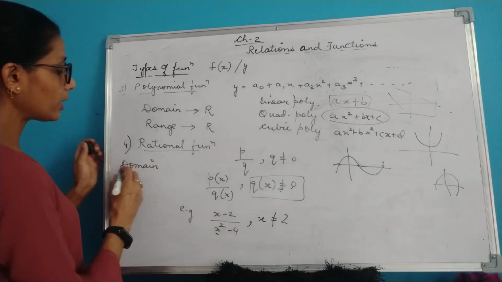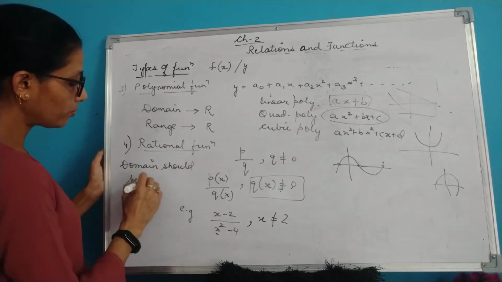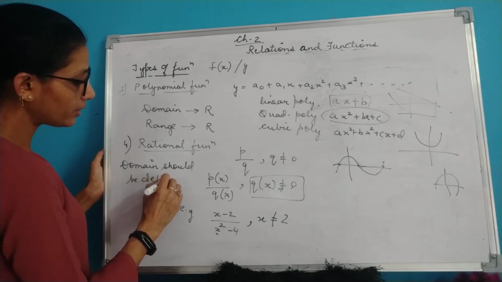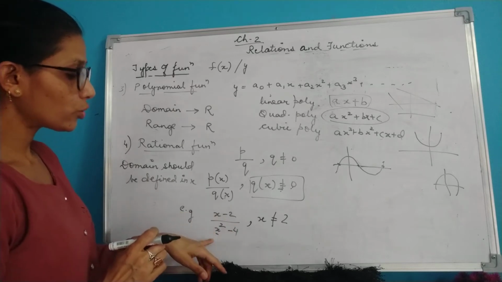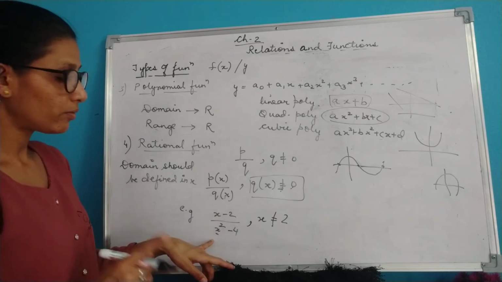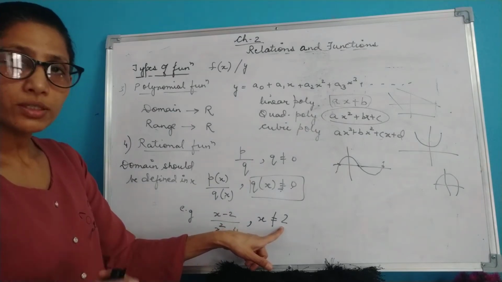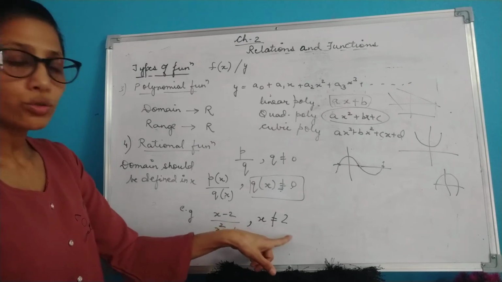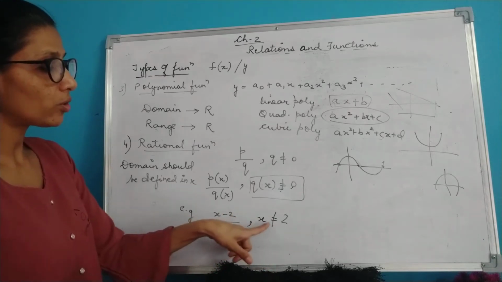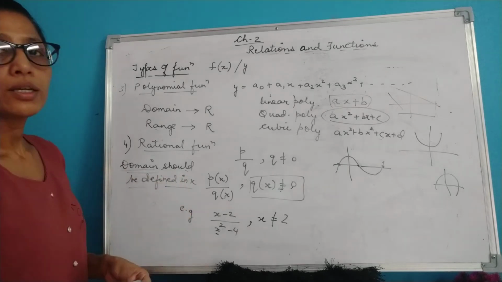Or I can say the domain should be defined in x. Here, 1 by 0 is infinity, which is not defined. So if I am taking x equal to 2, it is not defined. That's why I will not take x equal to 2.